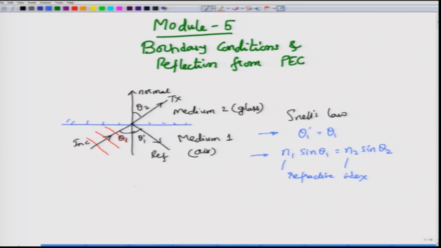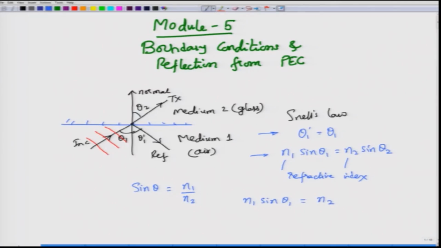So, for example, if I somehow make sin theta 2 equal n1 by n2, then what will happen? Snell's law tells me that n1 sin theta 1 will be equal to n2, or rather, I am sorry. Let me make sin theta 1, not theta 2.